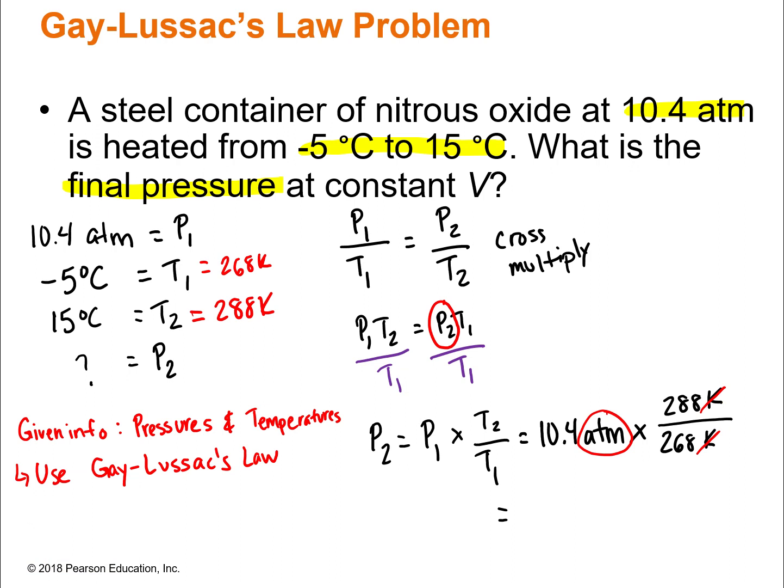Before we touch the calculator, let's make sure that we know which way we expect our pressure to go, increase or decrease. We started with -5 degrees Celsius. We heated up this container to 15 degrees Celsius. That's an increase in temperature. Pressure is directly related to temperature. So if the temperature increases, will the pressure increase or decrease?